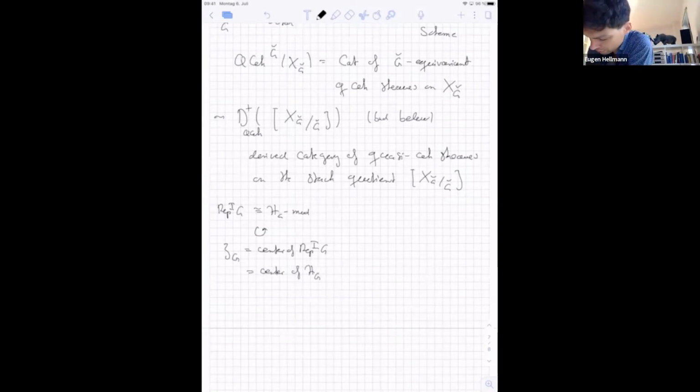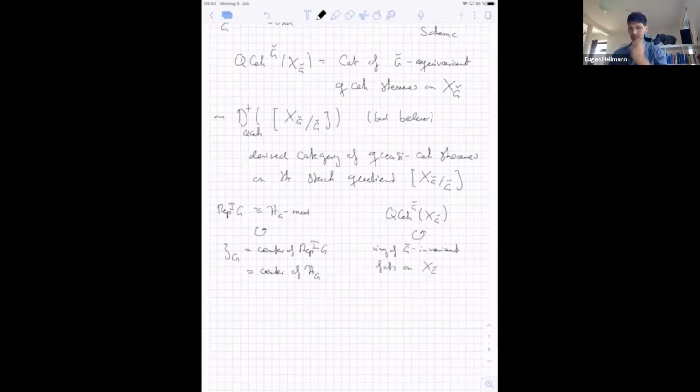Whereas if you consider these categories of equivariant coherent sheaves, or well, the same applies to this derived category, then you can act on this by the ring of G-check invariant functions on X_G-check.